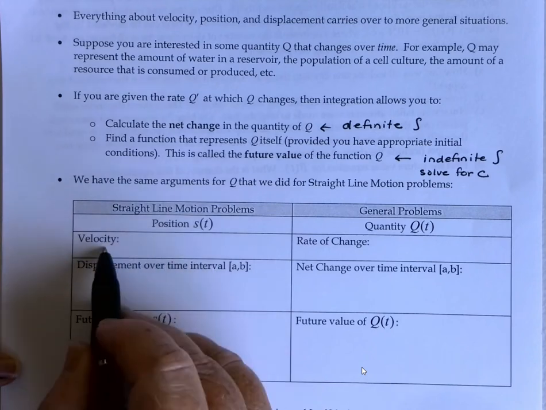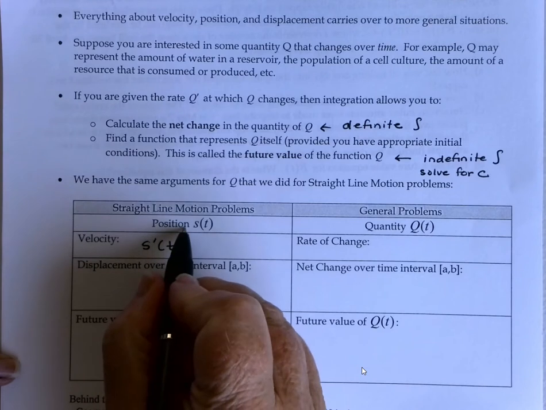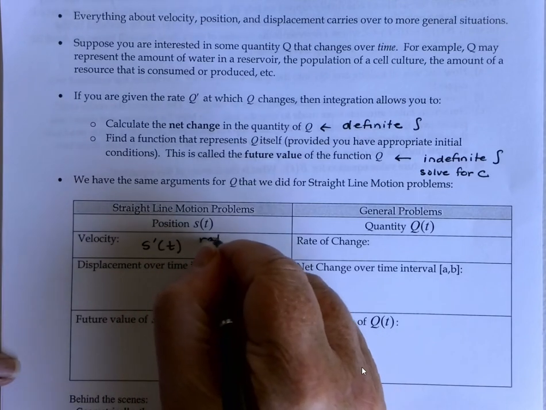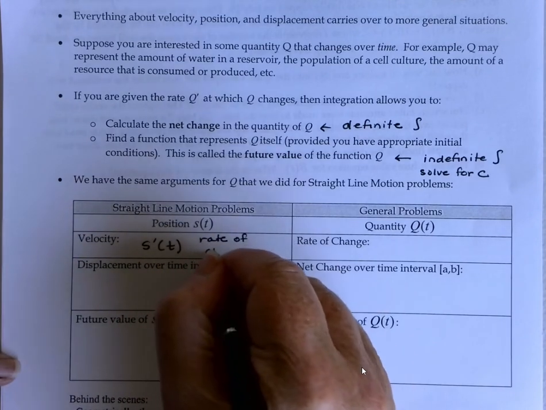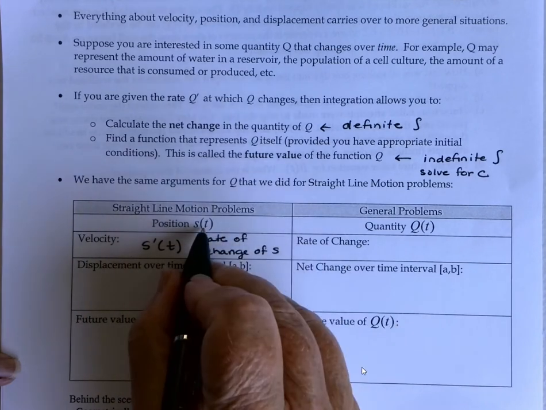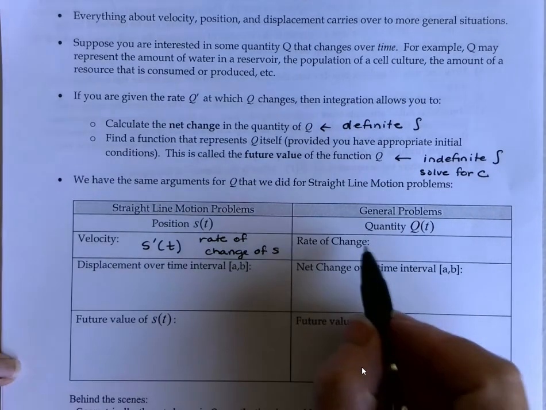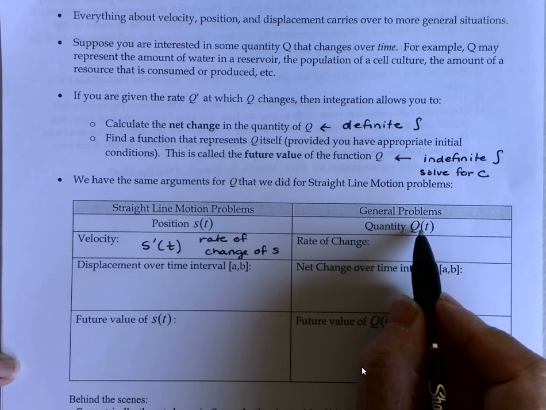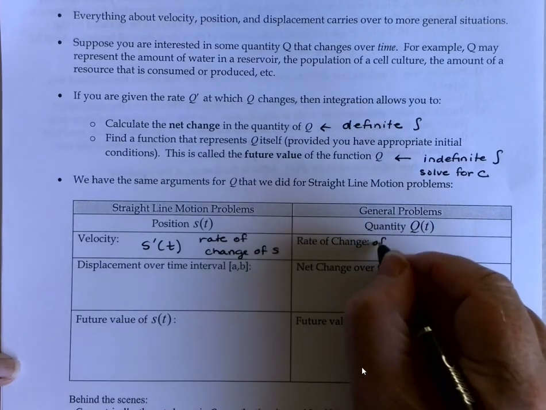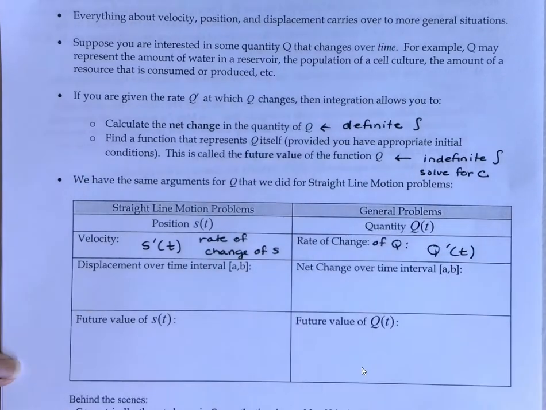The derivative S prime represented the velocity, which is also known as the rate of change of S. How fast position changes is how fast you're going. It's your velocity. If our general quantity is Q, the rate of change of Q would just be its derivative, Q prime of t.